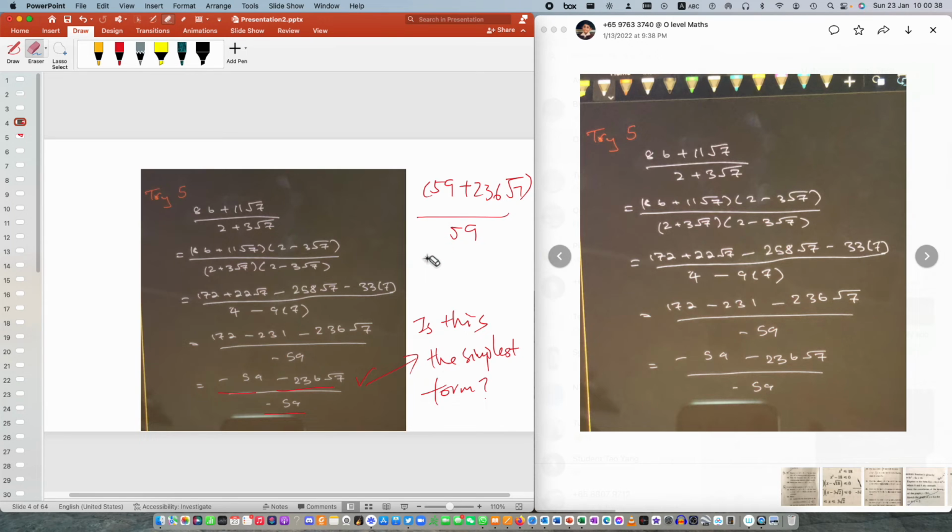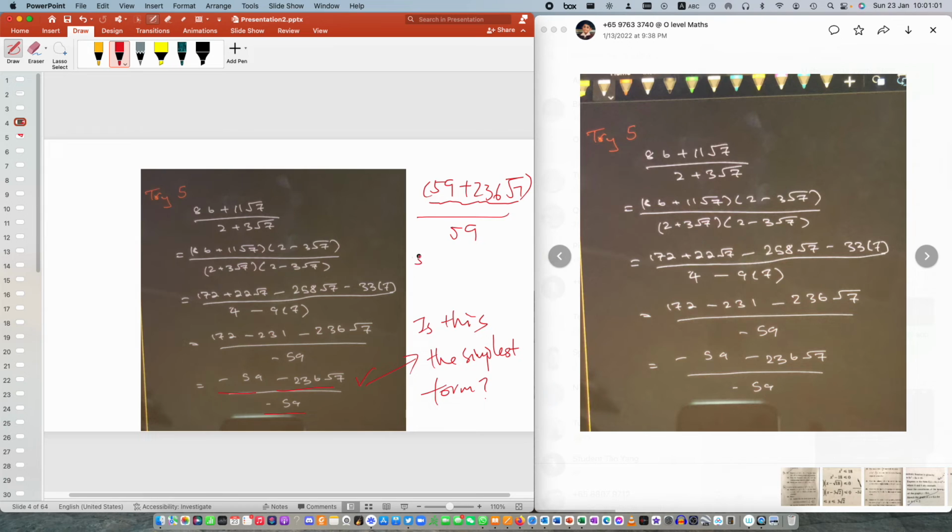The next step is to ask yourself, can you take out a common factor? For the numerator, I'm not sure, so you have to check. If you have a calculator, you can quickly do 236 divided by 59 and see if 236 can be divided by 59. I think you can. Yes, okay, good.